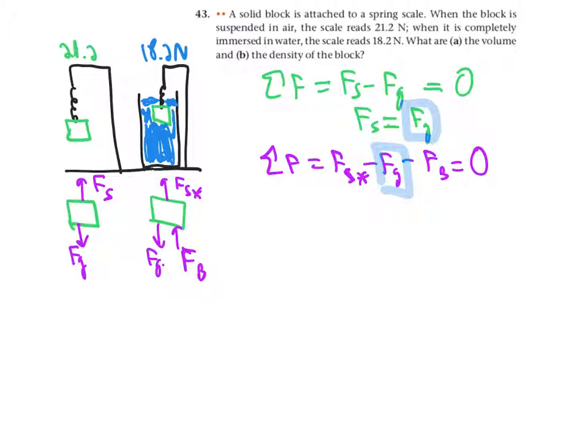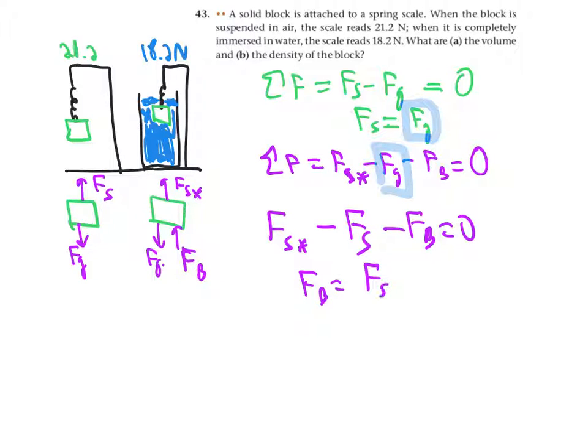So we can now start putting things together: the scale force in the first case minus the scale force in the second case minus the buoyant force is 0. So the buoyant force is the original reading on the scale minus the reading once it's submerged, which in this case is 21.2 newtons minus 18.2 newtons, or 3 newtons of buoyant force.